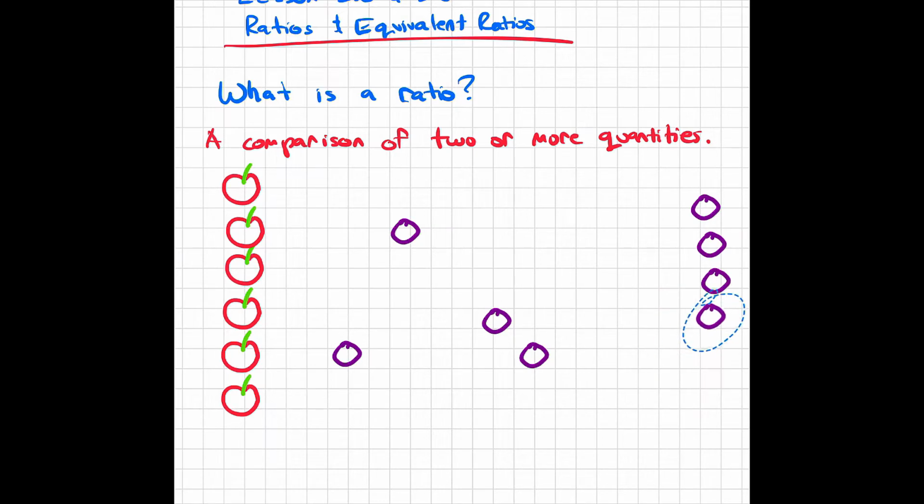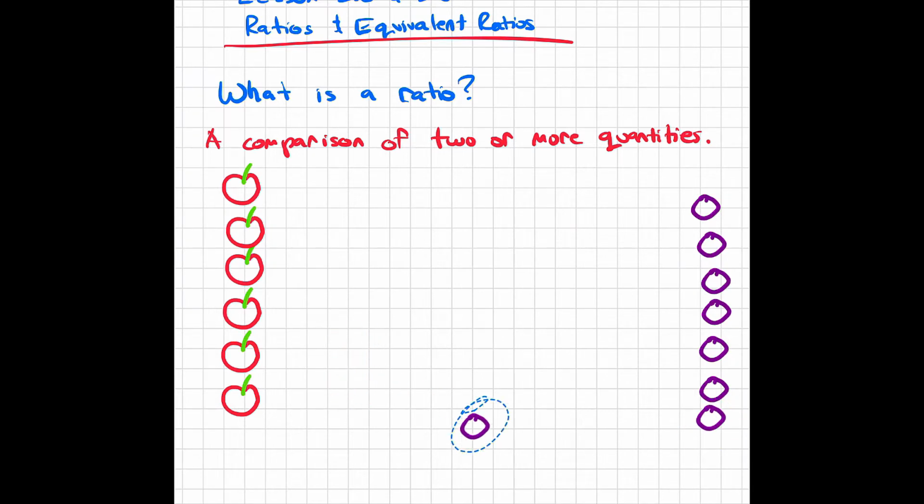So we got apples on one side and we got grapes on the other side. So basically, they will state how you want to compare them. Okay, and essentially, if they say we're going to compare them and set up a ratio of apples to grapes, what is the ratio of apples to grapes?